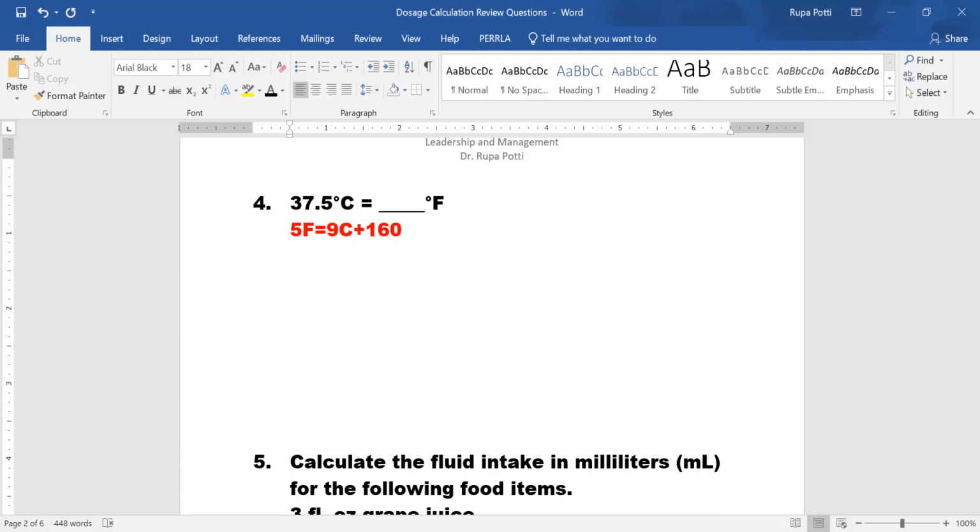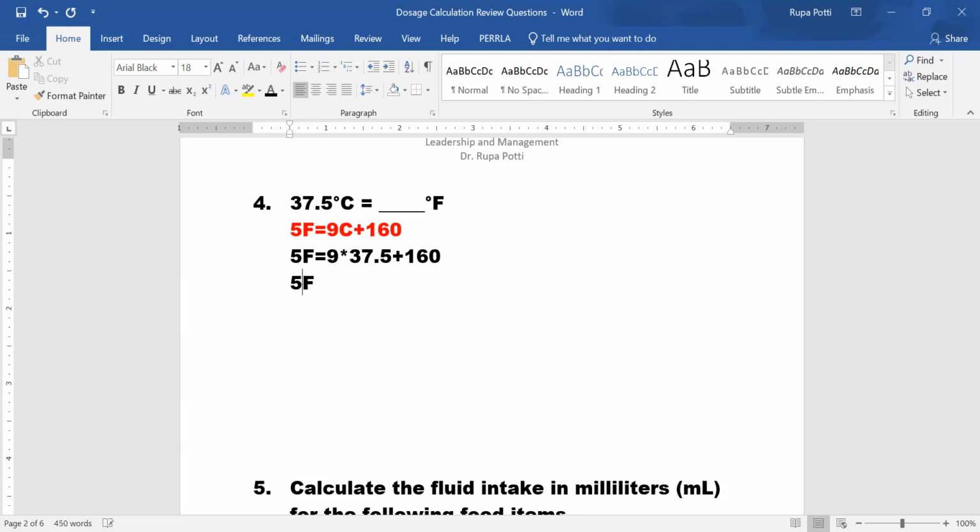So 5F is equal to 9 times 37.5 plus 160. So 5F is equal to 337.5 plus 160.